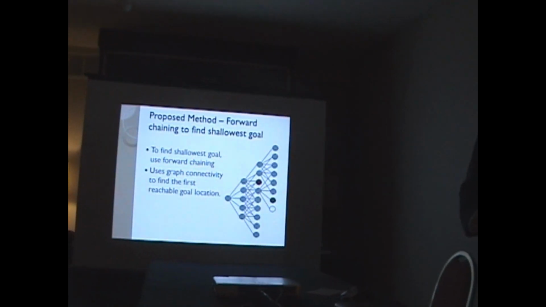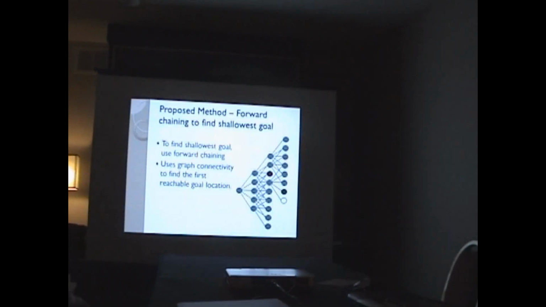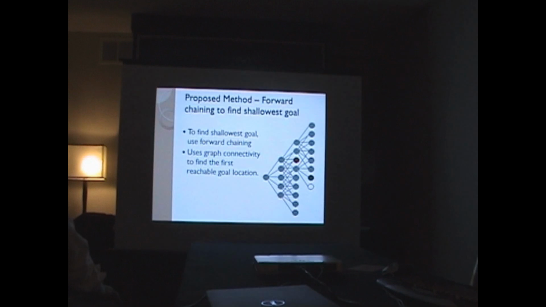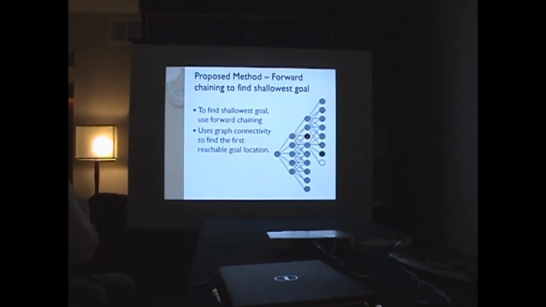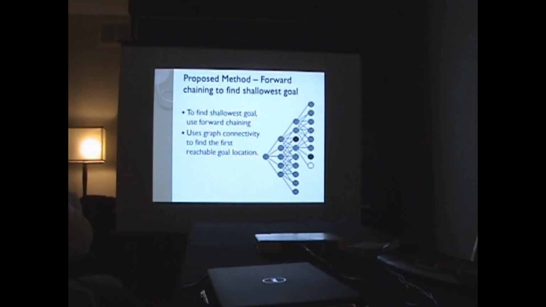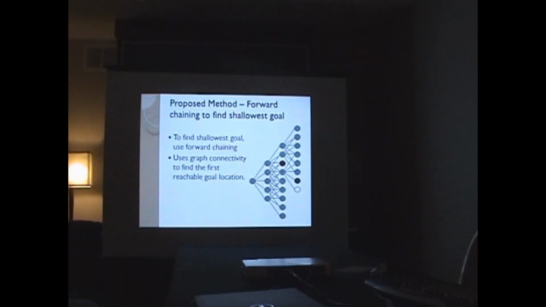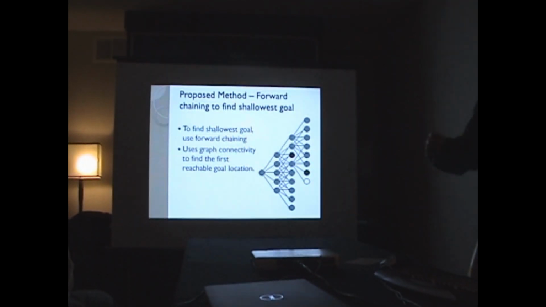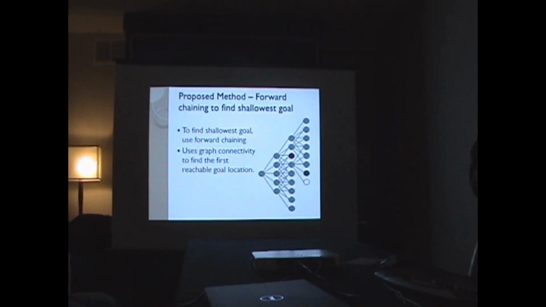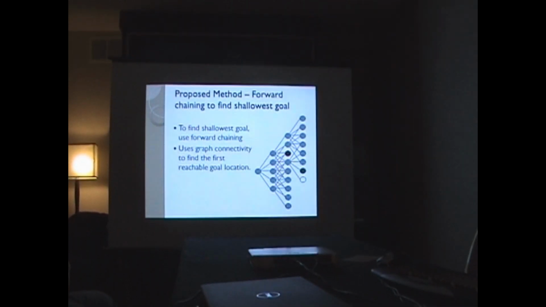The first step to that is to find the shallowest goal, that is, the first reachable goal. It might not be the best goal because the first reachable goal location might be surrounded by obstacles, but we need to find out the shortest time in which the robot can reach the goal. We do this by using forward chaining.